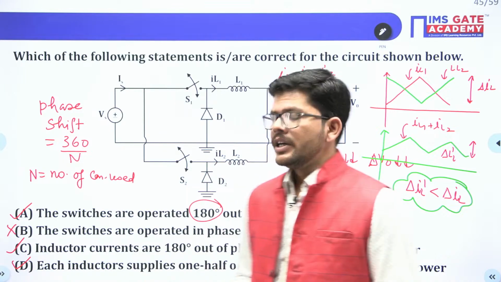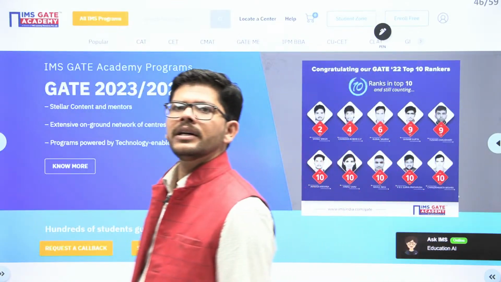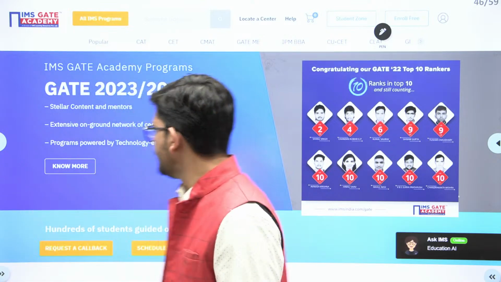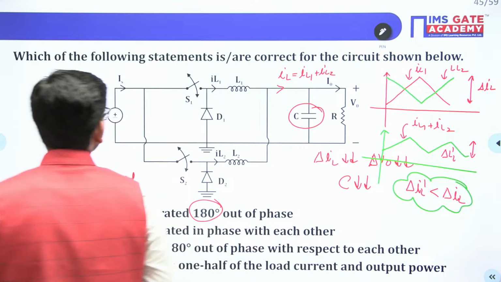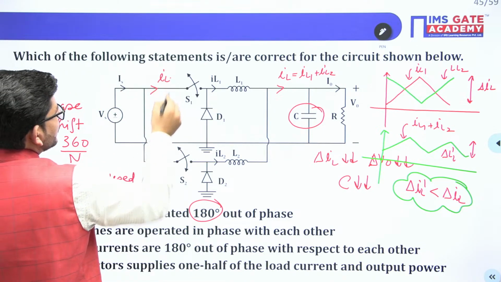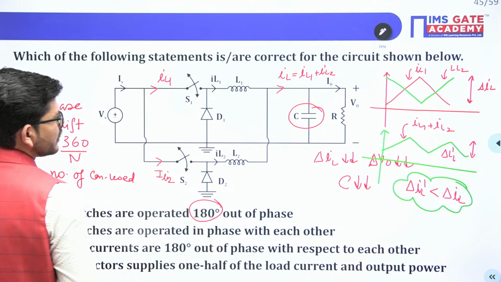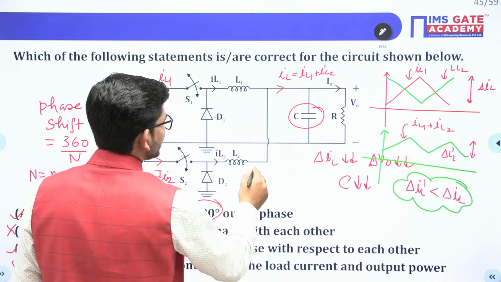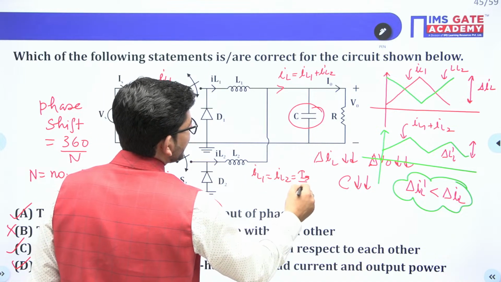Now this is all about option D. Let me explain once more. See, Naru, what will happen? Your IS current divides here, and it will become IL1 and IL2, isn't it? IL1 and IL2 both are equal here, and they will be IS by 2.